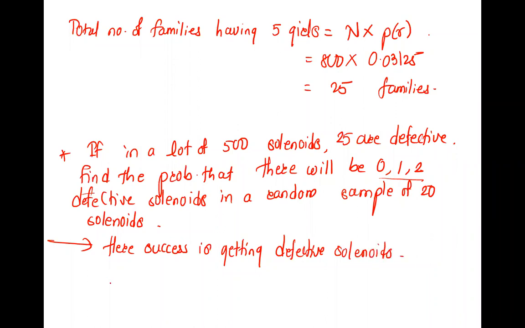Define P. P is the probability of success, you know that. So probability of success means probability of getting defective solenoids. In a lot of 500 solenoids, 25 are defective, so what will be the probability of defective solenoids?